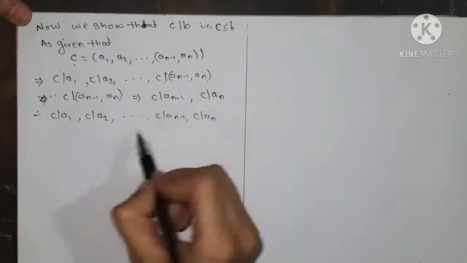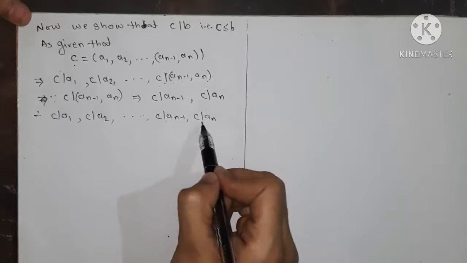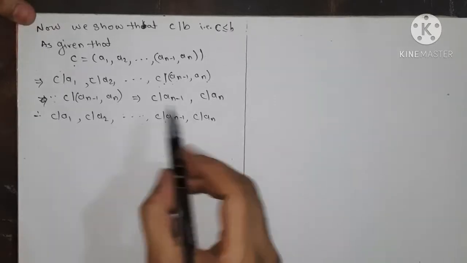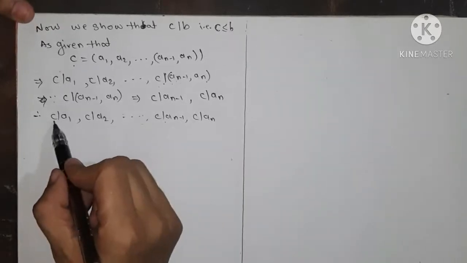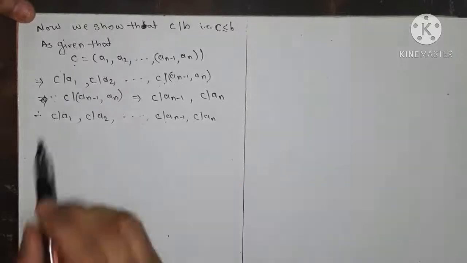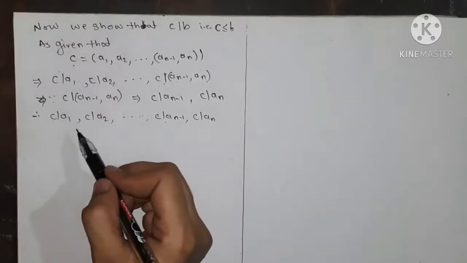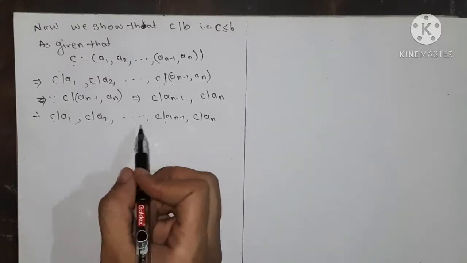So as C is a divisor of all these integers, C divides the GCD of all these integers, right?